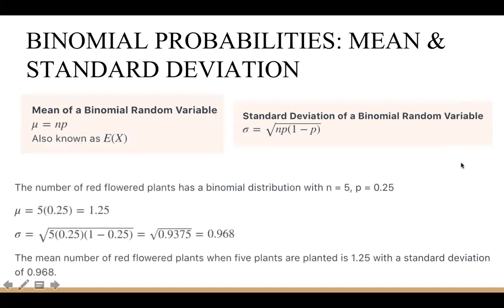To find our mean, we can just multiply the two together and we get 1.25 as our mean. And then to find the standard deviation, we just plug those numbers into the standard deviation formula and we get a standard deviation of 0.968. There's not that much math to do here, but just make sure that you put the numbers in the right variable slots.